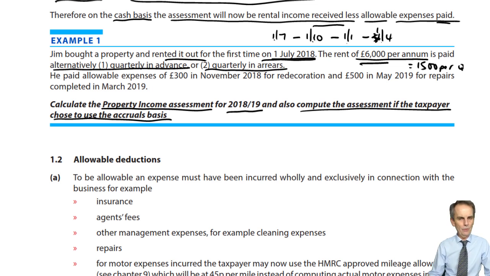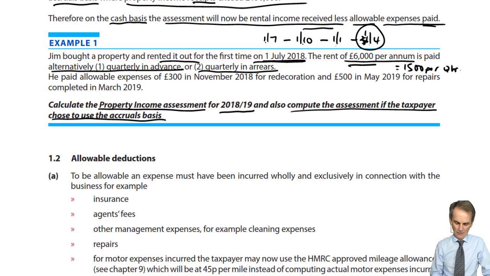As you see when we go through the answer in a moment, what they may do in a question, and probably would do in an exam question, a slightly more testing one, is to pick on that particular amount that was due there on the 1st of April.